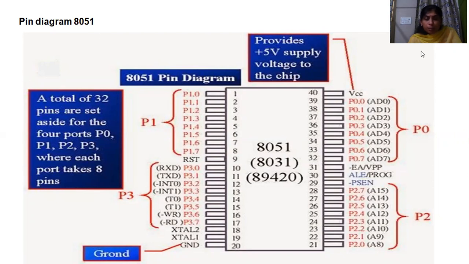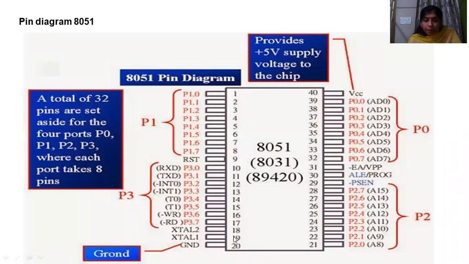The next, 9th pin, is the reset pin. Then from pin number 10 to pin number 17, the P3 port is there: reception, transmission, interrupt 0, interrupt 1, timer 0, timer 1, writing, reading.